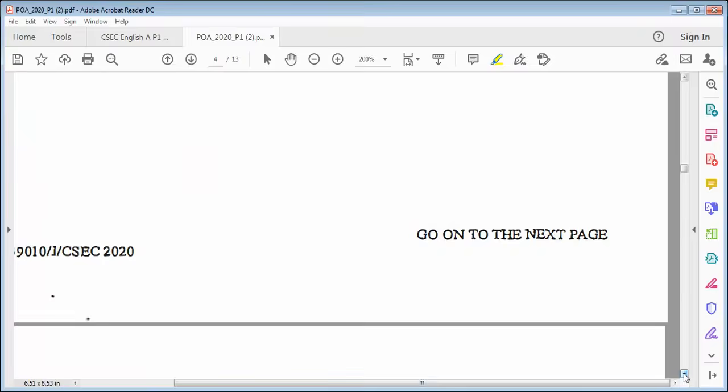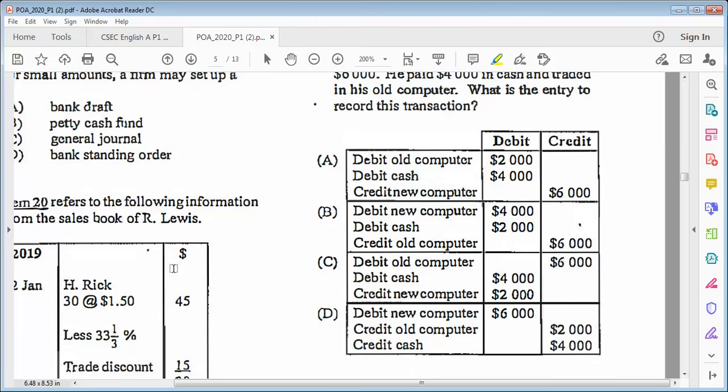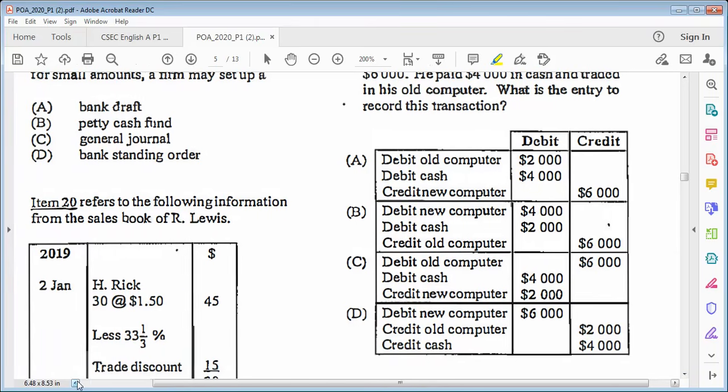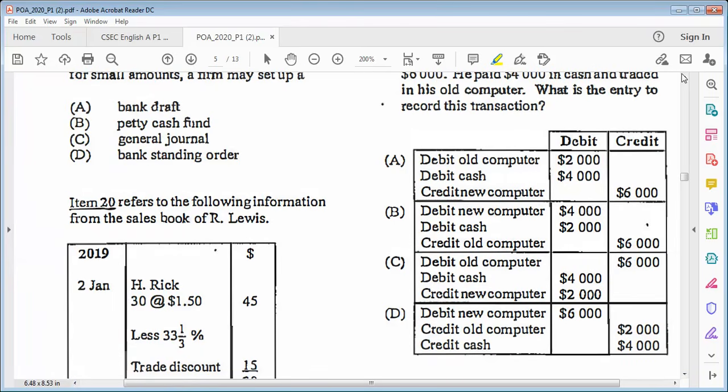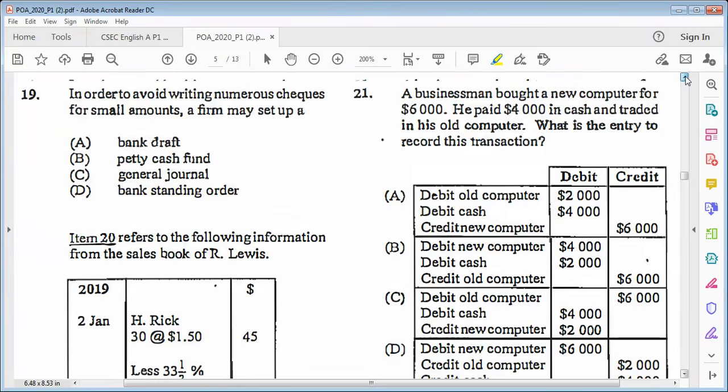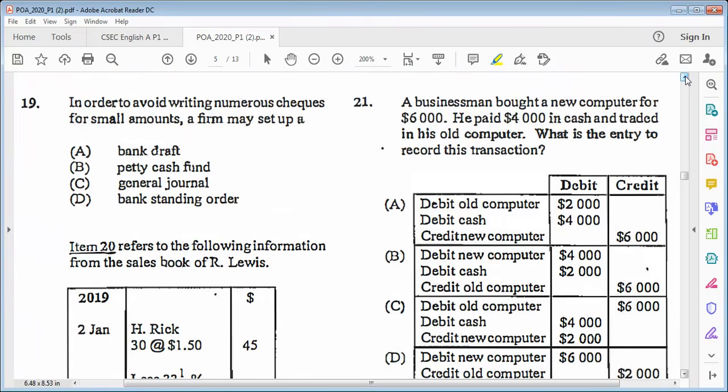Let's go on to number 19. Here it says, in order to avoid writing numerous checks for small amounts, a firm may set up A, bank draft, B, petty cash fund, C, general journal, or D, bank standing order.